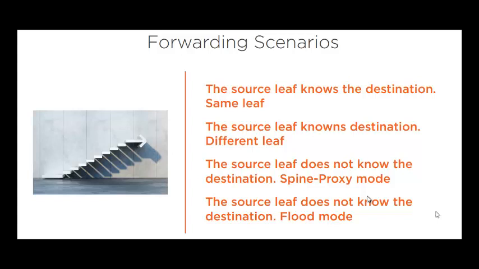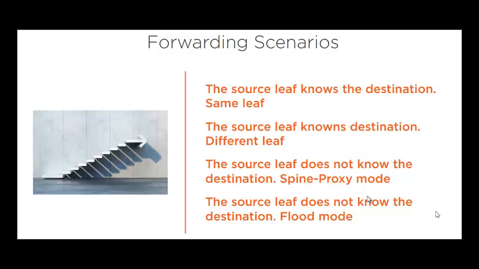See, we have 4 different scenarios in which ACI needs to forward the traffic. Number 1, source leaf knows the destination, and the destination is also in the same leaf. This is one scenario. Another scenario is the source leaf knows the destination, but the destination is not in the same leaf, it is in a different leaf.